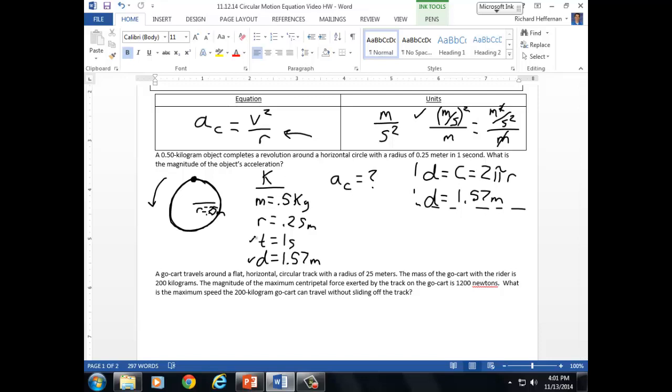So v, with a bar over it for constant speed, is equal to the distance traveled over how much time it takes to travel that distance. The speed is 1.57 meters divided by the time of 1 second, which was convenient. Speed is equal to 1.57 meters per second.